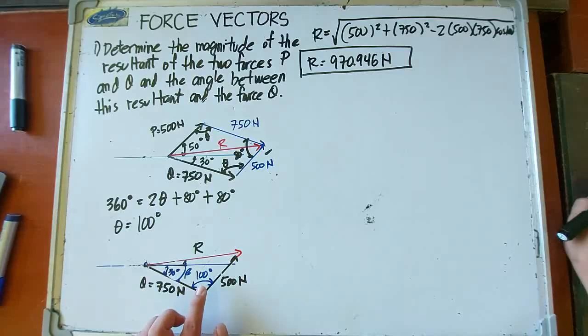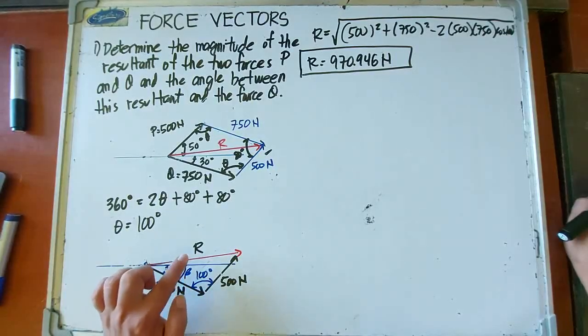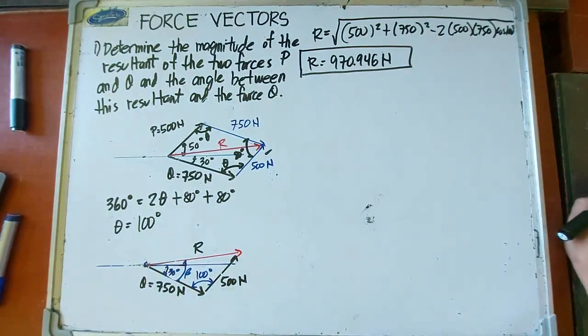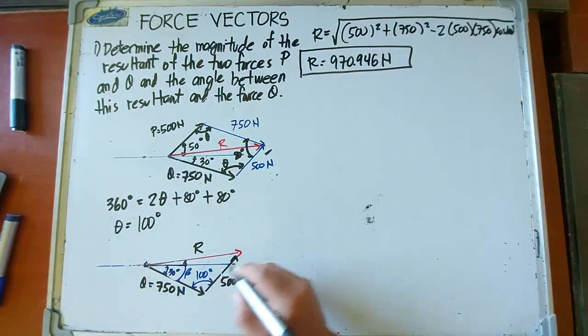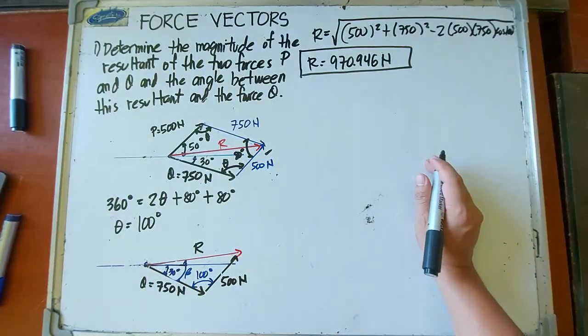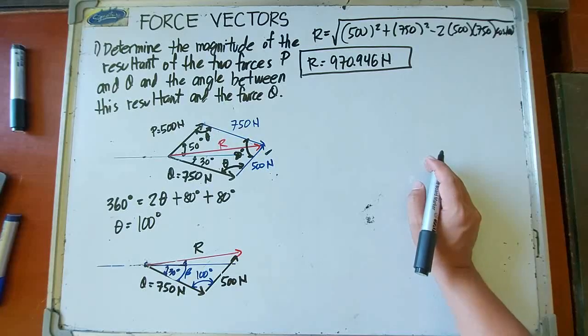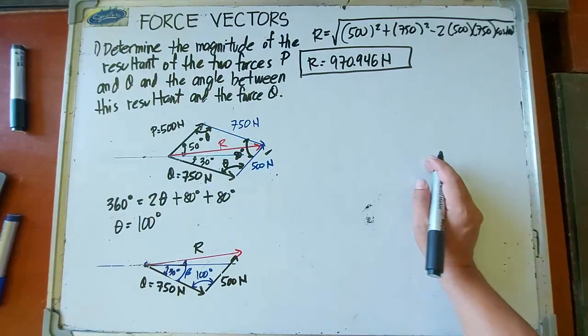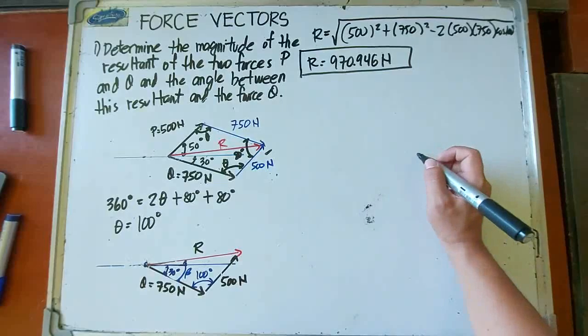Okay. So how do you solve for this angle beta? Angle between the resultant and the force Q. You may use cosine law to solve for this particular angle, but I think it would be easier for us to use na lang sine law to solve for this angle.